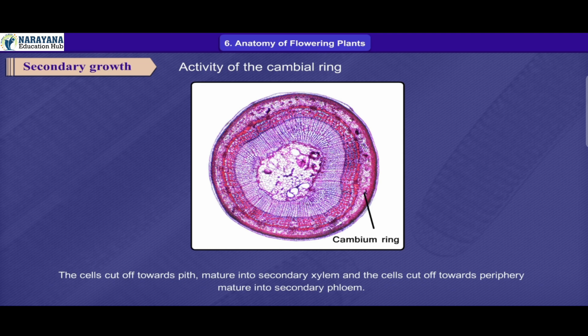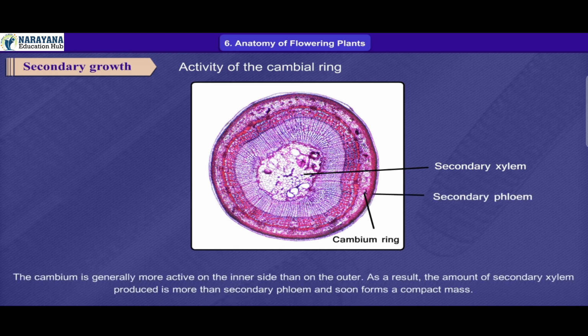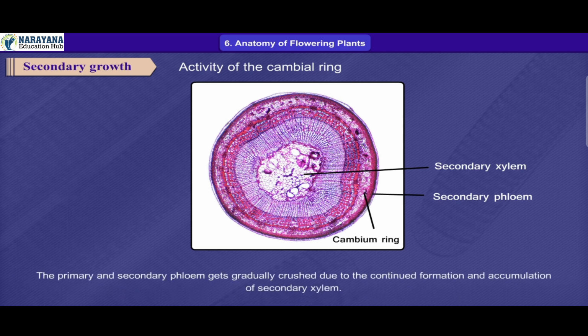The cells cut off towards the pith mature into secondary xylem, and the cells cut off towards the periphery mature into secondary phloem. The cambium is generally more active on the inner side than on the outer. As a result, the amount of secondary xylem produced is more than secondary phloem and soon forms a compact mass.